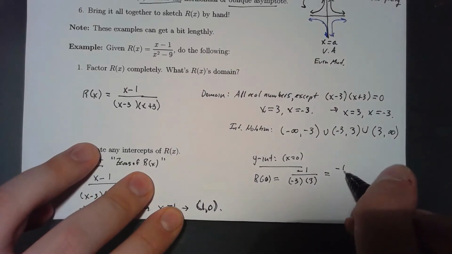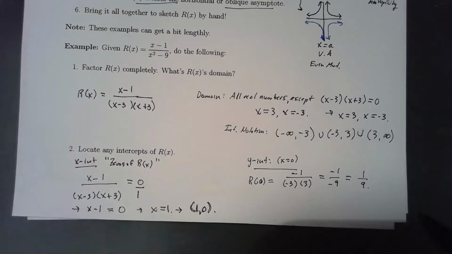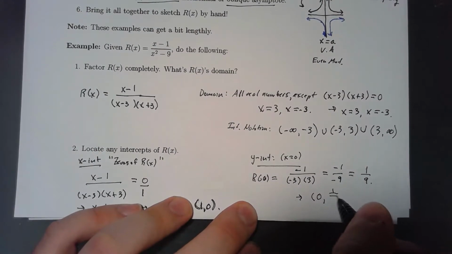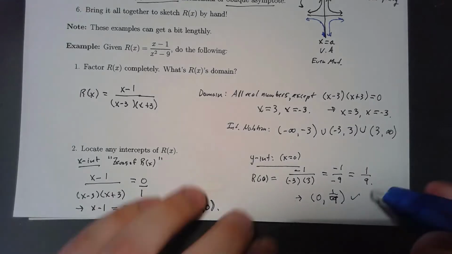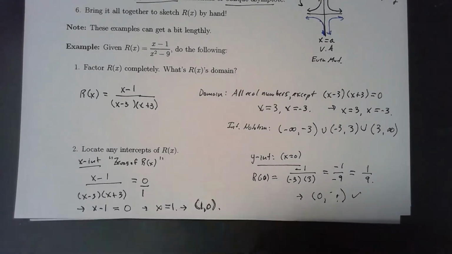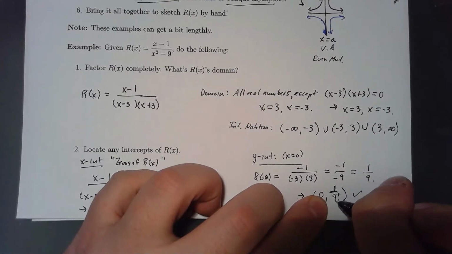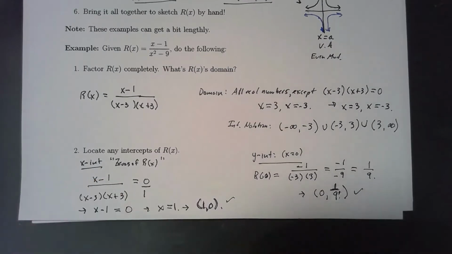So that's negative 1 over negative 9, which is 1/9. So my y-intercept is (0, 1/9). And that's an ugly 1/9. Okay, so these are my intercepts.